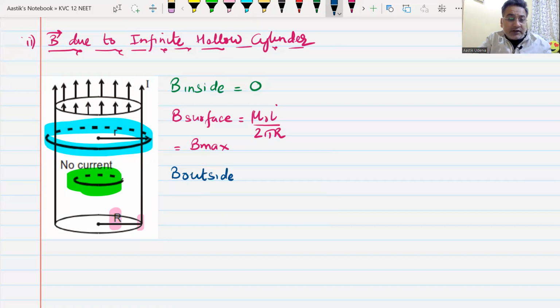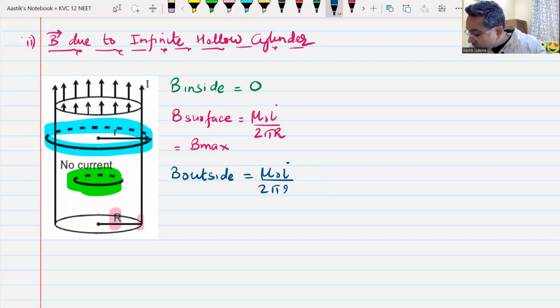If it has full current enclosed, the formula will be same as that of a wire, and the answer will become mu naught I by 2 pi into small r. So outside the formula is same, inside the formula is 0. On the surface it is maximum and the value is mu naught I by 2 pi into capital R.